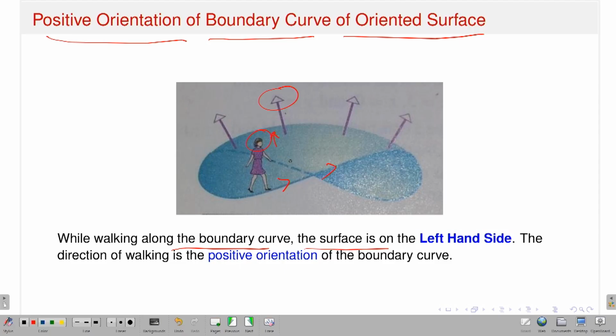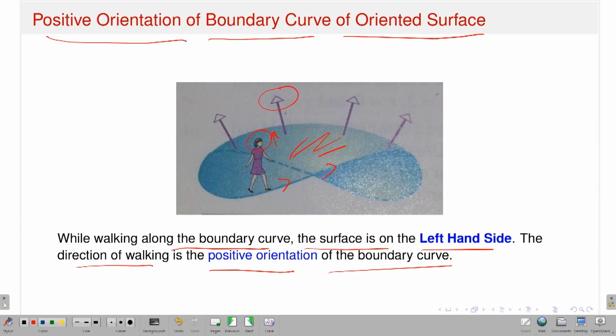And if I go in this direction, the surface is on the left-hand side, therefore the direction of walking on the boundary curve is the positive orientation. So if I talk about the positive orientation of my boundary curve, I should walk along the boundary in such a way that I have my surface on the left-hand side. Of course, you have to be careful about the orientation of the surface: the unit normal should be in the direction of my head if I walk in this way. Okay.